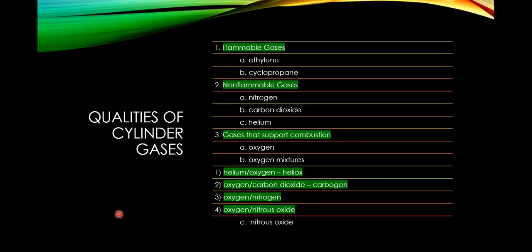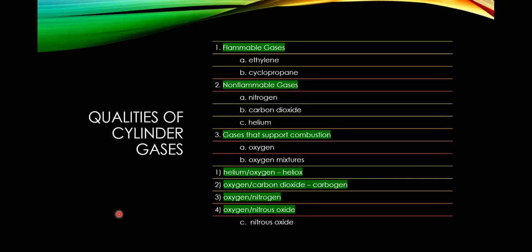Those are non-flammable, okay? You ever notice when they're blowing up balloons for a party, the helium tank is always what? Brown, because helium is brown, okay? But it's non-flammable. That's one of the qualities, okay? Now, what about the gases that support combustion? Oxygen and anything that has oxygen in it, okay?